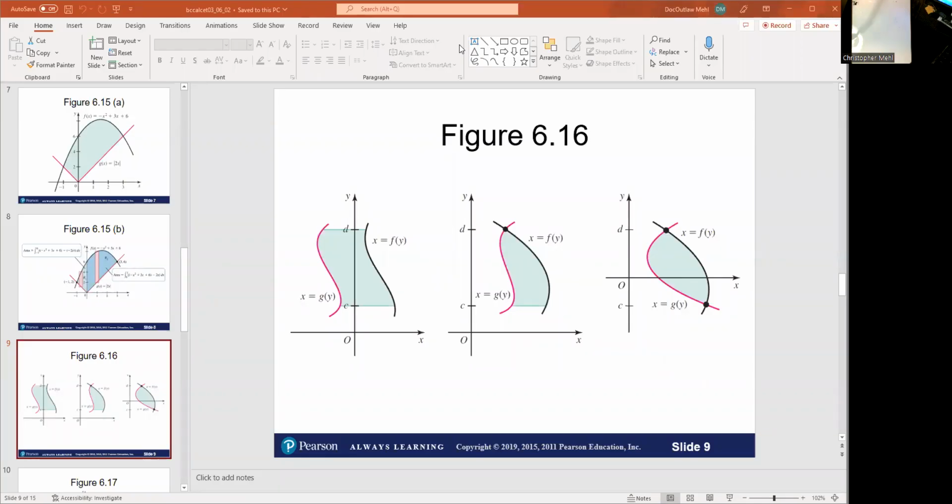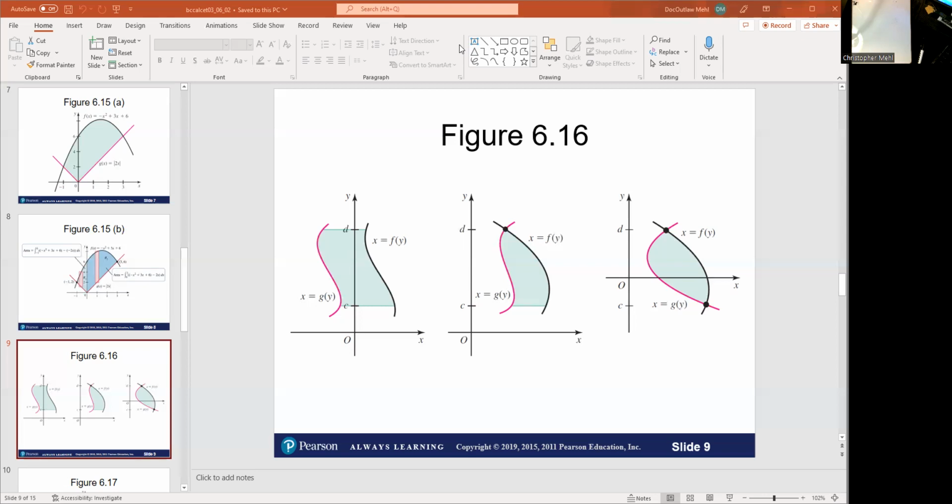The next thing we're going to look at is those occasions when we want to integrate with respect to y. There are occasions when it's convenient to reverse the roles of x and y. For example, consider the region shown in this diagram, where I still want to find the region bounded by two functions, but now the functions in question are x in terms of y.